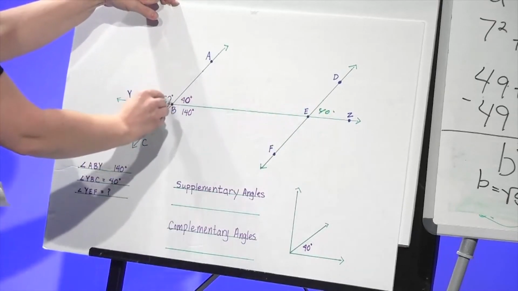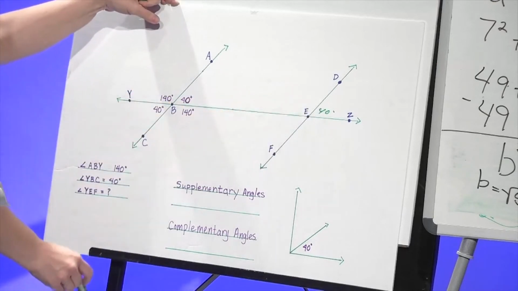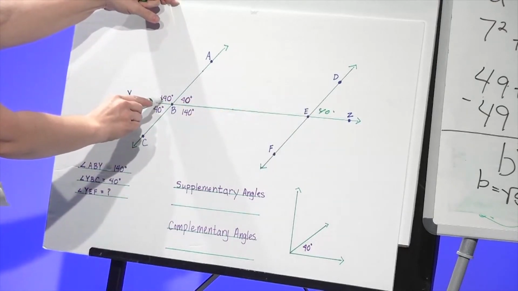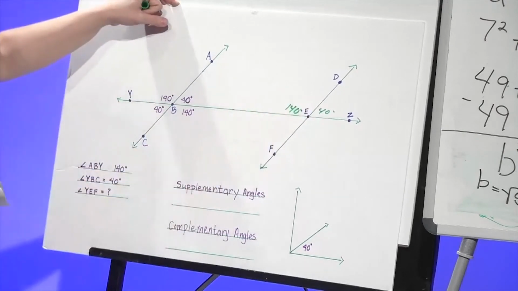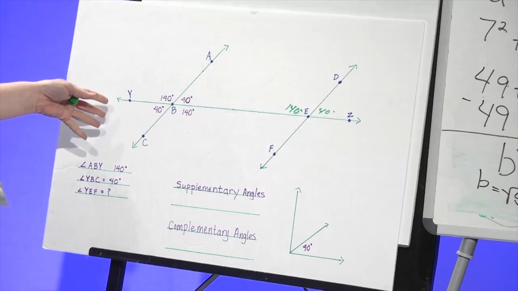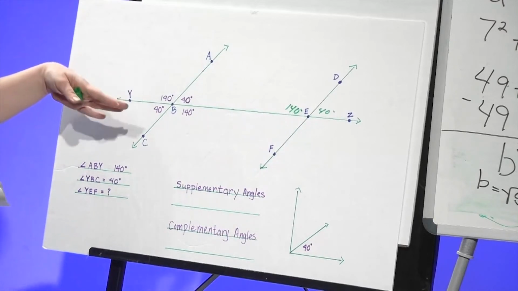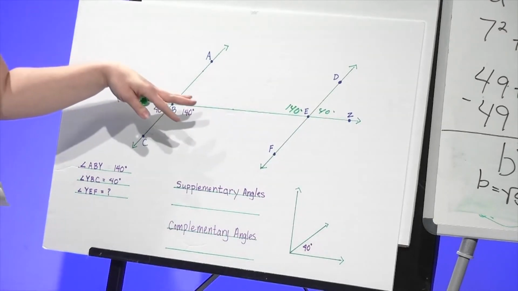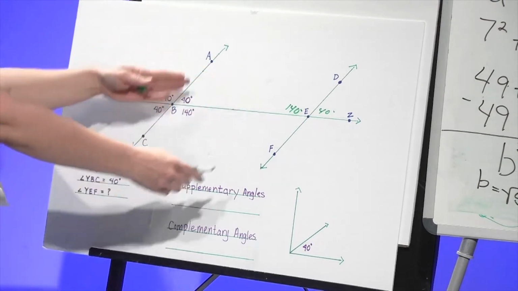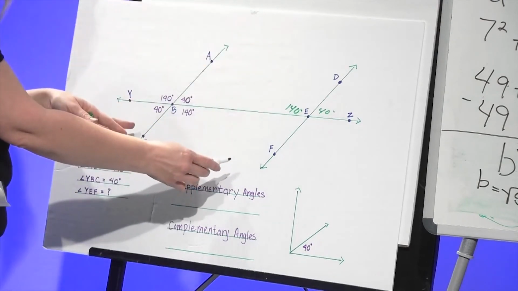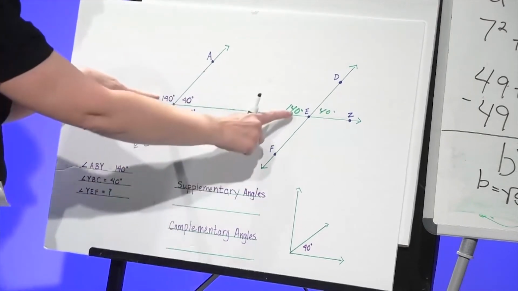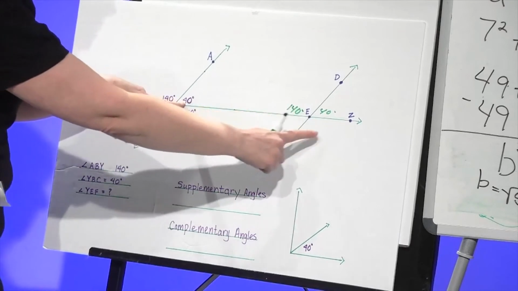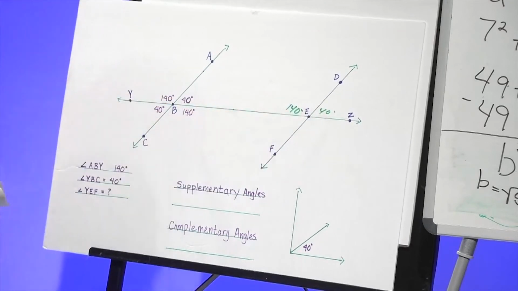If this angle is 140, this angle is 140. Sometimes they'll only give you some of the angles and you have to figure out the rest. But if you know this concept of a line intersecting parallel lines, you can fill this in. So this 40 degrees and this 40 degrees are corresponding.